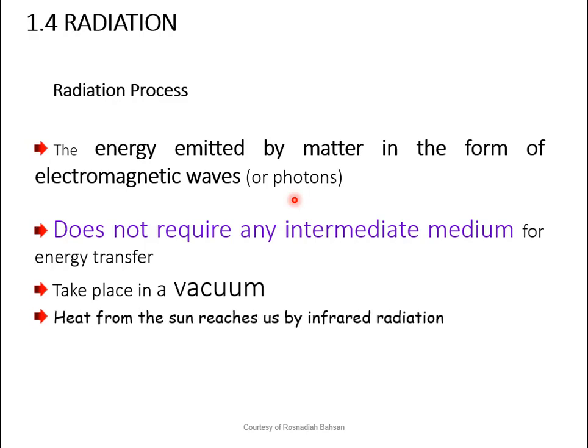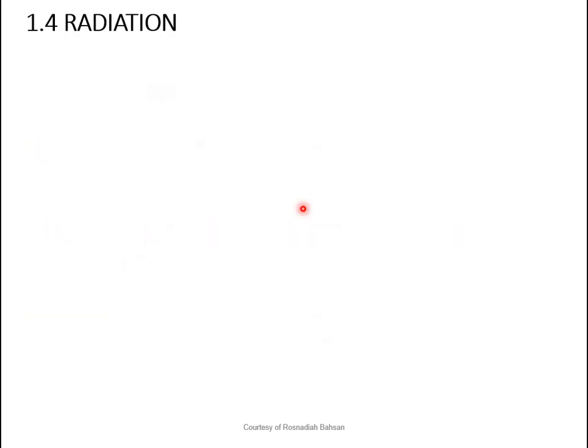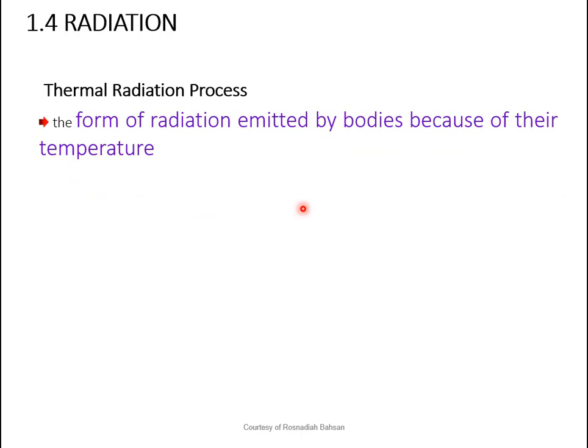Heat from the sun reaches us by infrared radiation. Absorption of infrared radiation causes temperature rise. So the thermal radiation process is the form of radiation emitted by bodies because of their temperature.